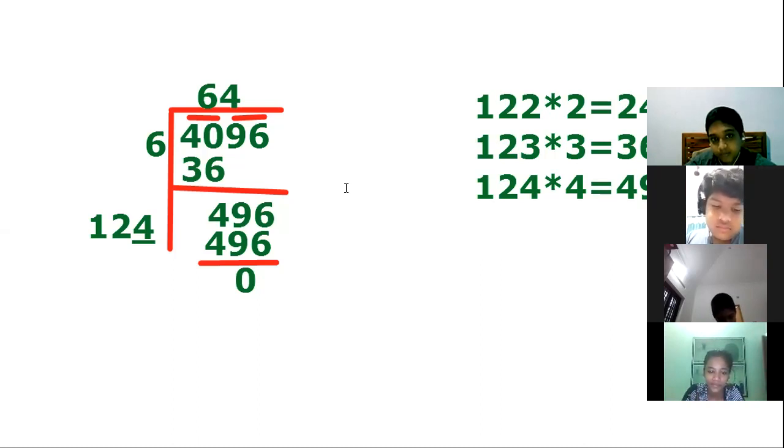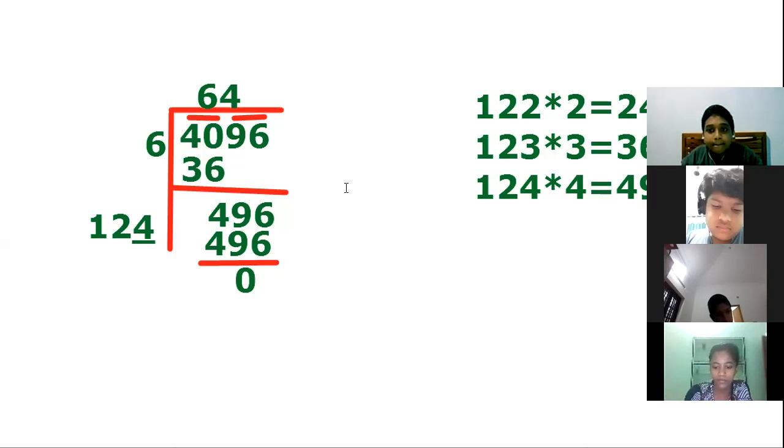And then we are dividing the number 4096 with 6. While dividing, we get 6 into 6, 36. On subtraction, the remainder is 4, and we bring down the whole pair, 96. Then the number becomes 496 here.